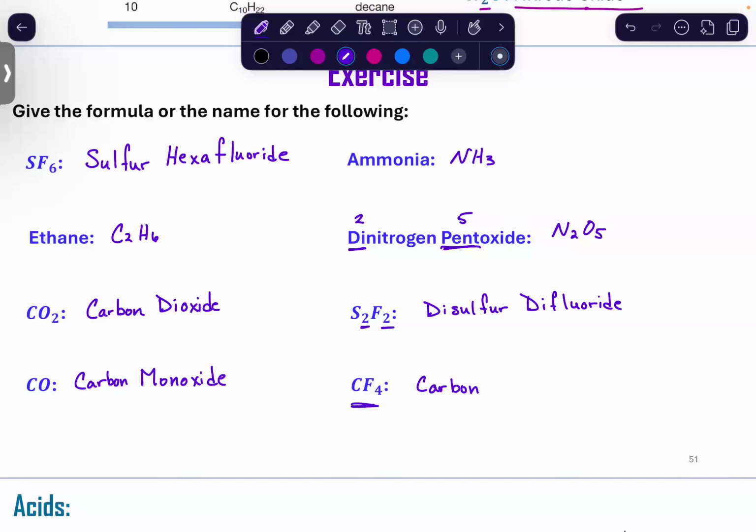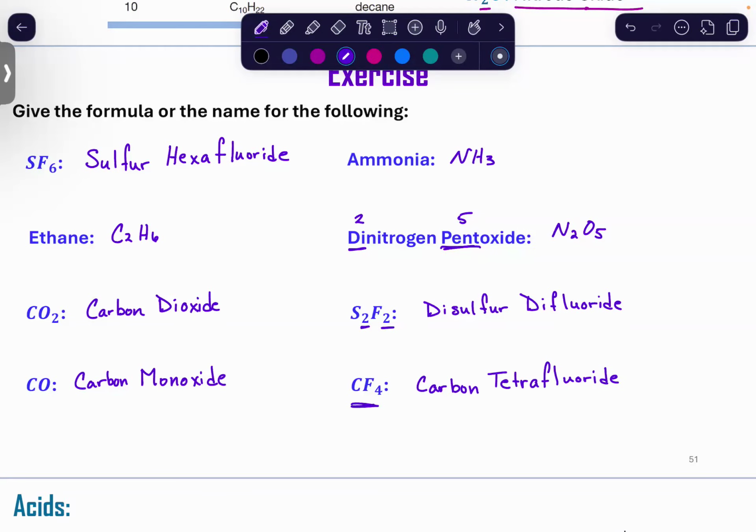The prefix for 4 is tetra. I use the whole prefix because fluoride starts with an F. Carbon tetrafluoride. So again, your covalent compounds should be pretty straightforward naming.